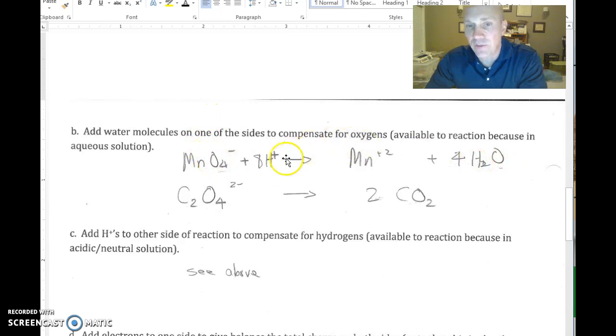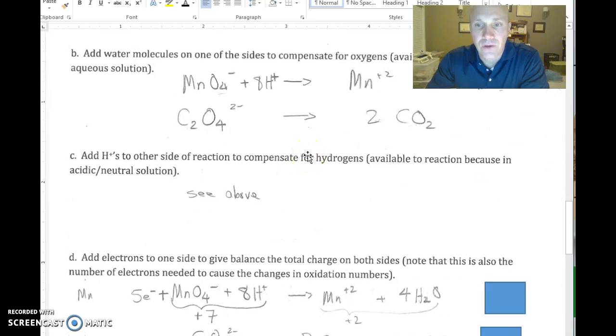But if we didn't have the H pluses right here, we would have more hydrogens over here than we did over here. So the process is always the same: you add the water molecules to balance out the oxygens, and then you add H pluses to the other side to balance out any discrepancy in hydrogens.